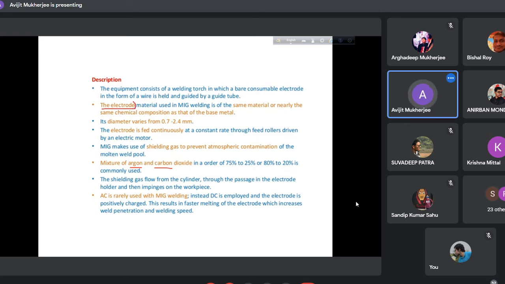The bare wire, that is the electrode, should be a material which is almost the same or nearly the same. Same means chemical compositions are almost the same as that of the base metal. Otherwise, mismatch will be there.